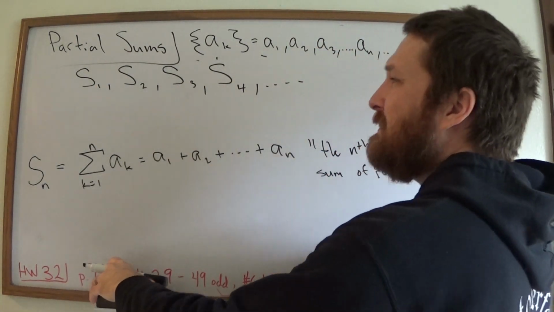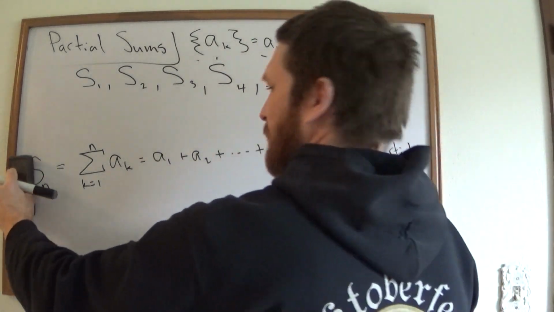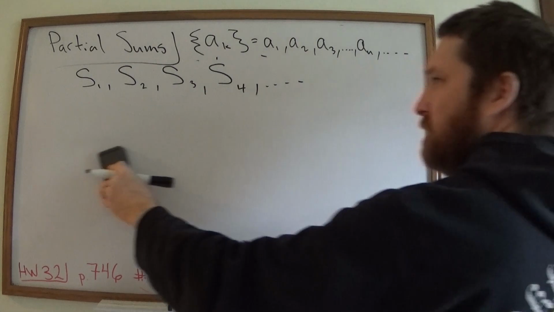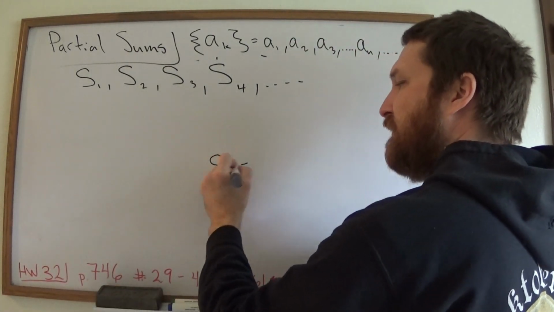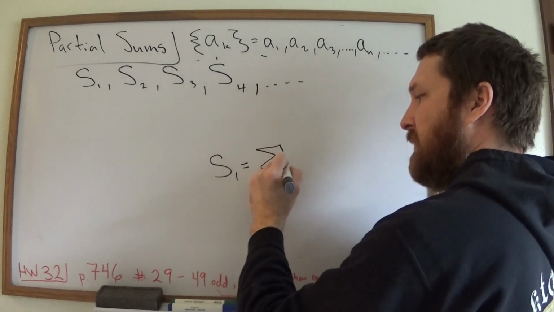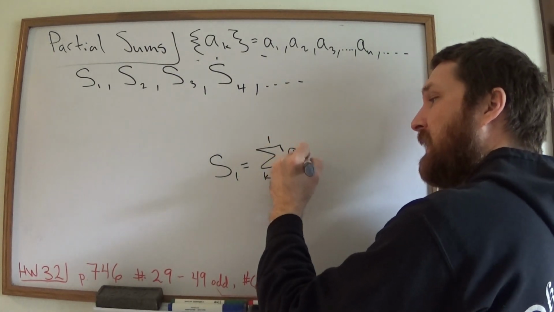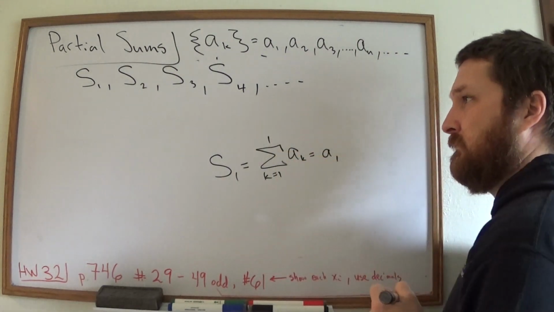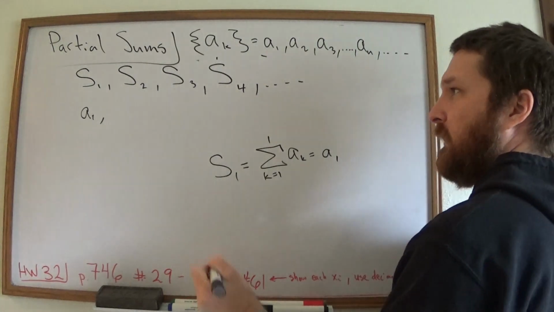And let's demystify this a little bit. I'm going to get rid of this. S sub 1, the way I just defined it, is just the first partial sum. So that's the sum as k goes from 1 up to 1 of the a_k's. Well, that's just a1. Okay, what's S2?